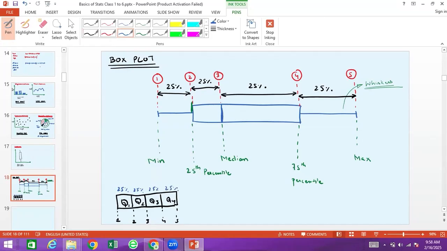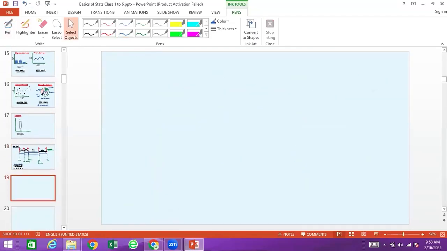In each quarter, there is 25% of the population sitting. Okay, to create a box plot, we will be needing the 5-point summary. Let's try to understand it with an example.